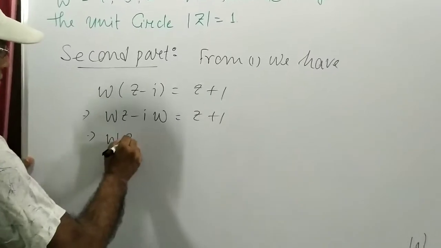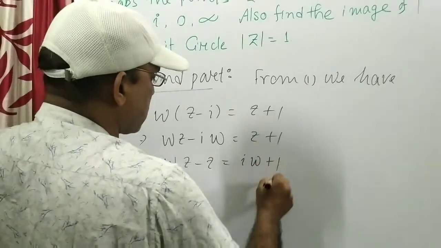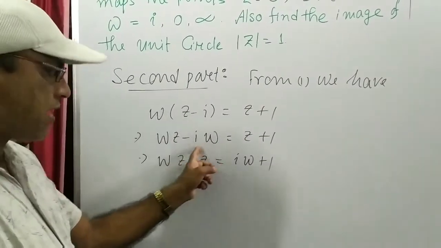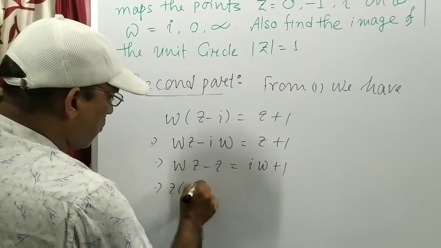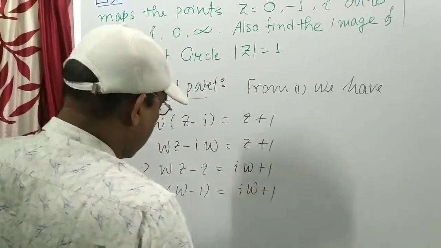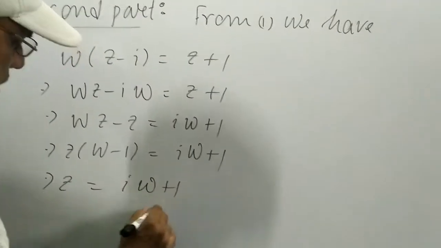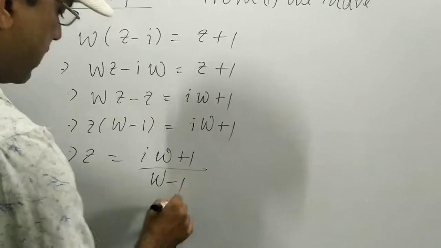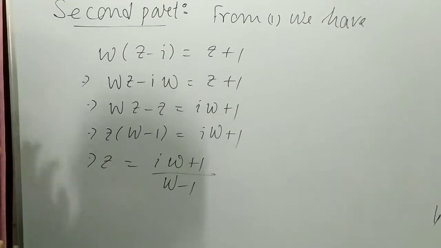So wz minus z equal to iw plus 1. Taking z on the left-hand side and iw on the right-hand side, taking z common, we get z times (w minus 1) equal to iw plus 1. So z equals (iw plus 1) over (w minus 1). This is the value of z.